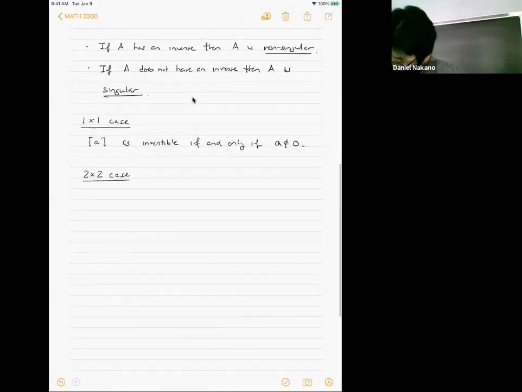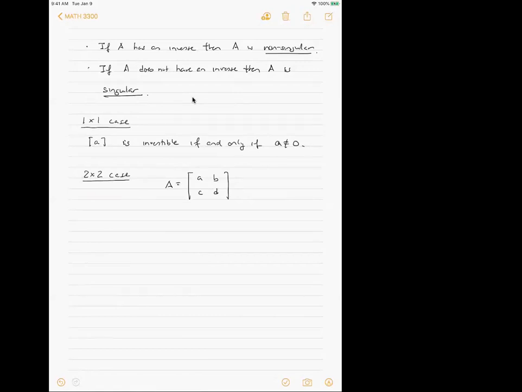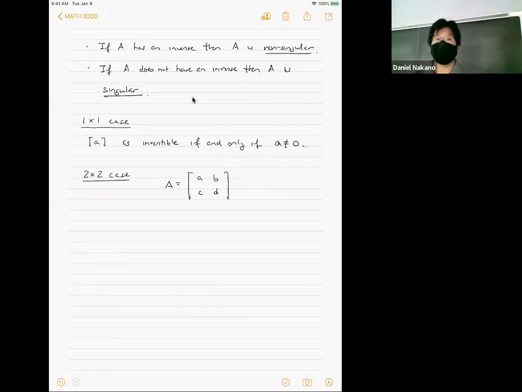Let me write out a 2-by-2 matrix. This is A, B, C, and D here. As long as AD minus BC is not equal to 0, i.e. the determinant is not 0, then this matrix is invertible.